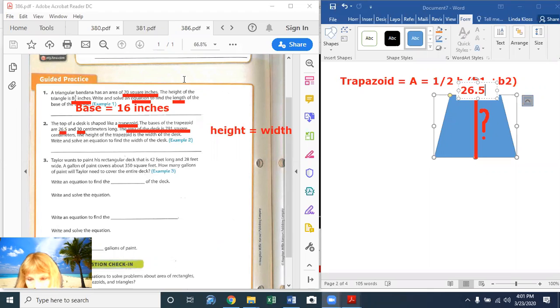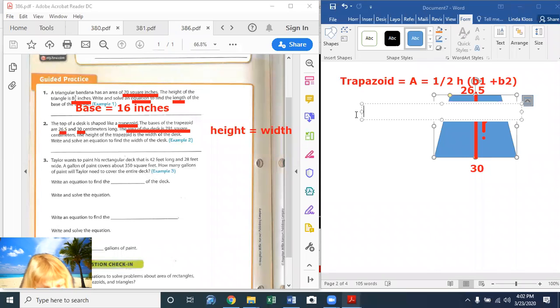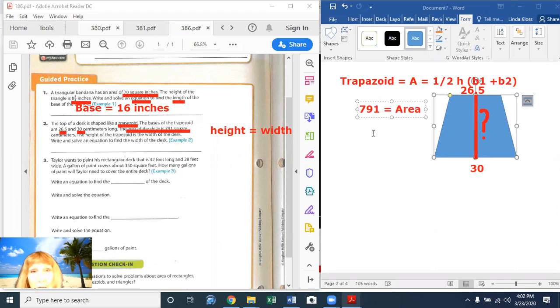And the bigger base is, go back to the problem, 30 centimeters. Make that smaller. And we also know the area. And the area tells us in the problem, 791 equals the area. Okay, so now it's a matter of plugging in the formula to what we know.